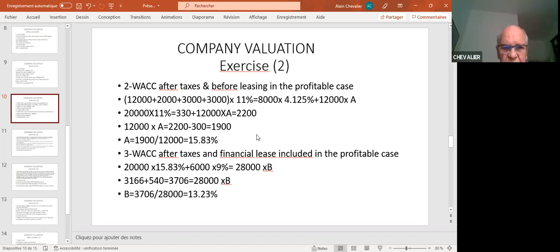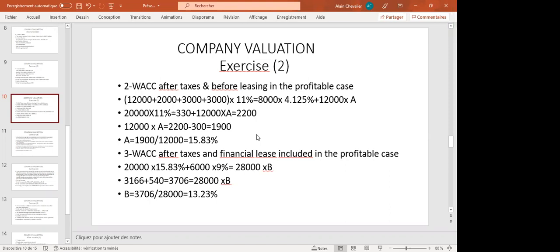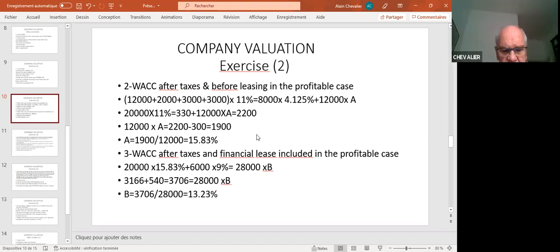The firm is profitable or not profitable, and the situation is different. When it is not profitable, there is no impact of the tax rate. When it is profitable, there is an impact of the tax rate. And of course, it is clear at the level of calculation of the cost of debt and the WACC, but it is true afterwards on the value of the firm.